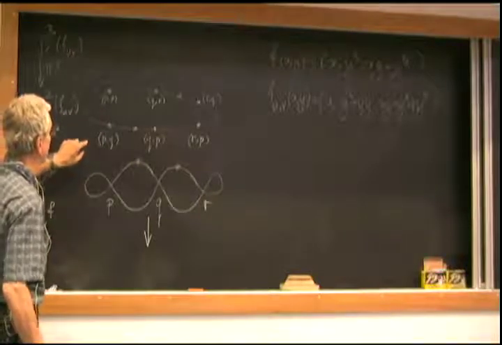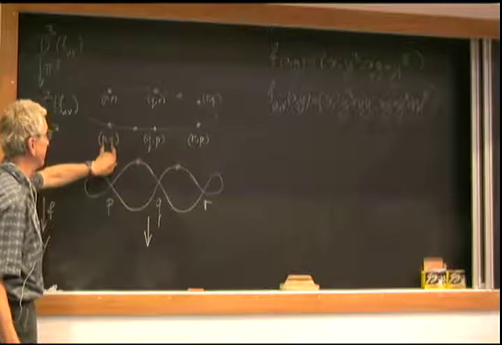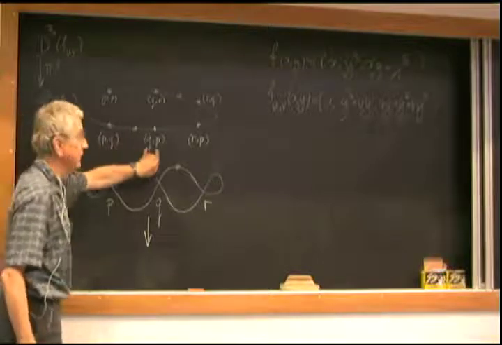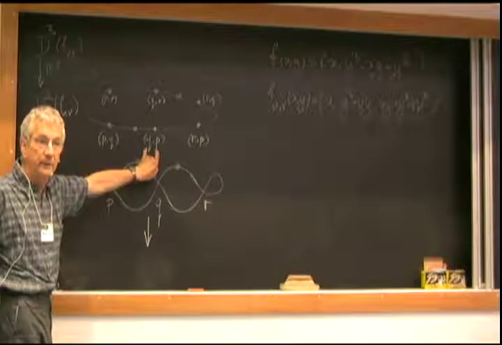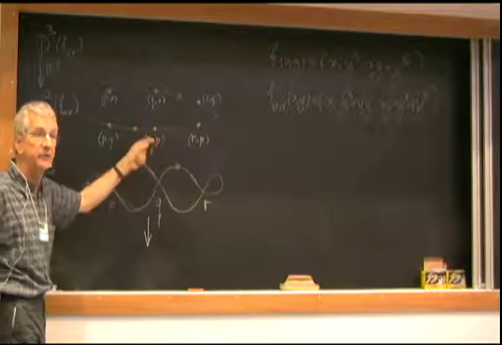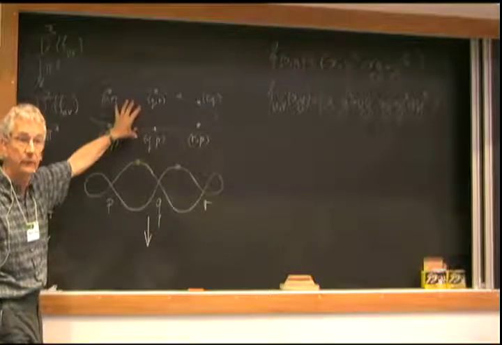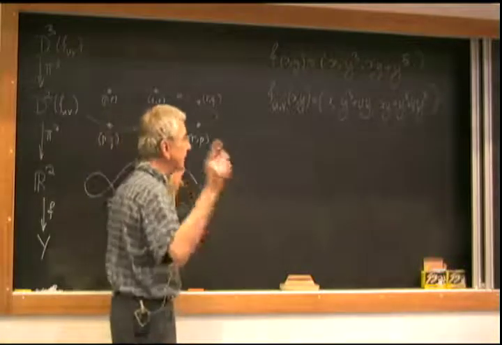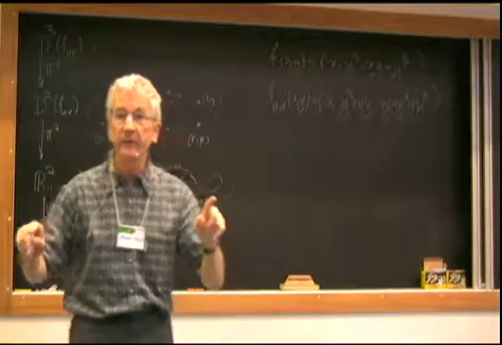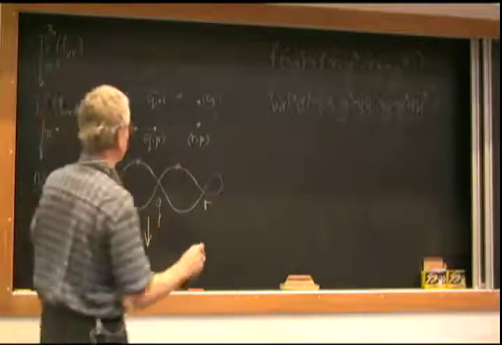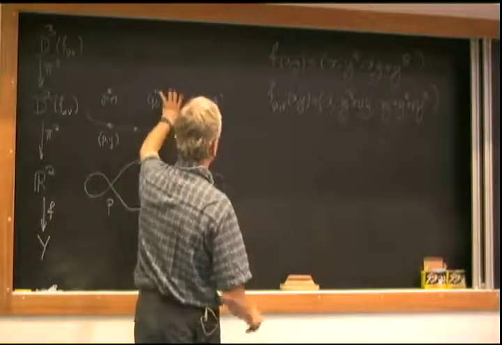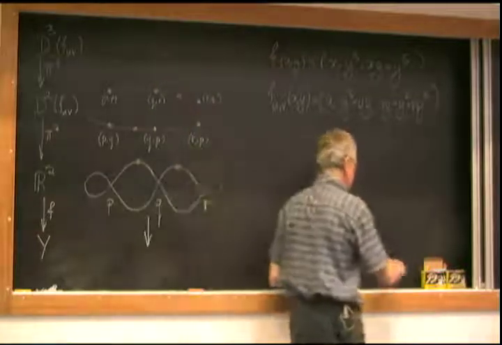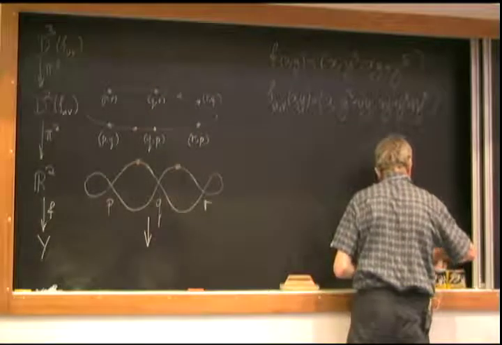So, for example, here, the pair of points PQ is exchanged with the pair of points QP. We just interchange the order. That's the action of the symmetric group S2 on the space of pairs. So that action of the symmetric group is going to be very important.